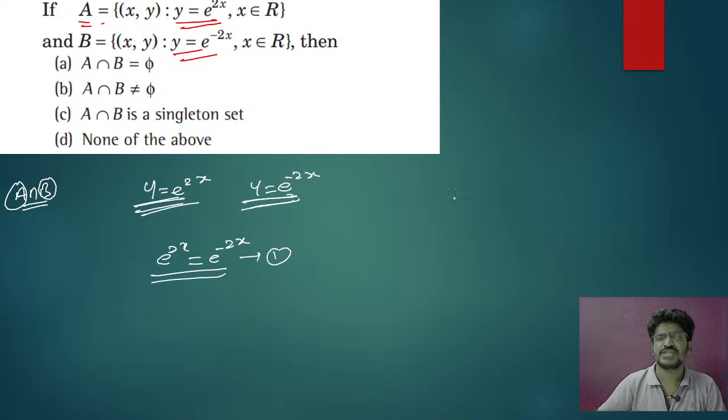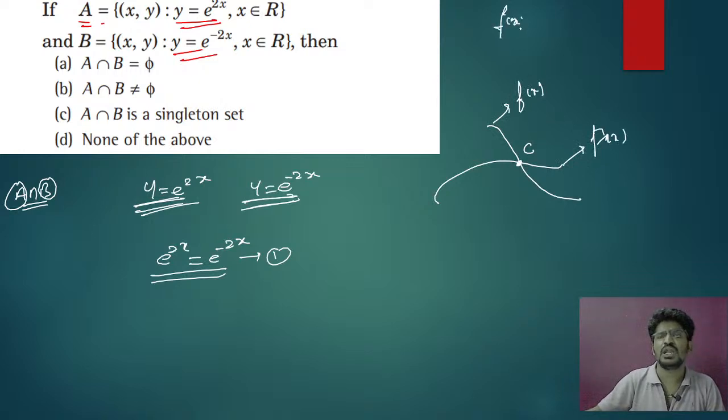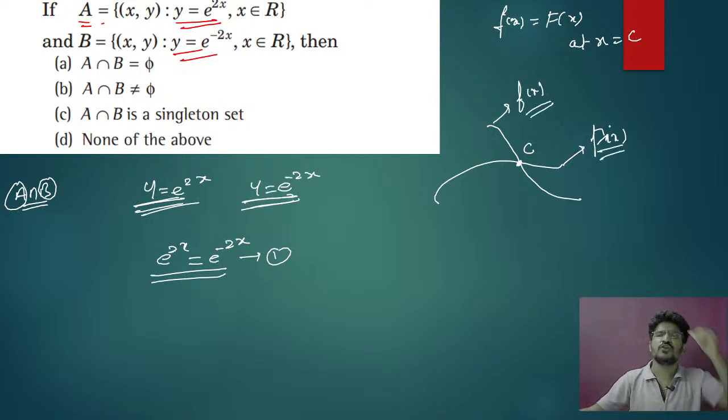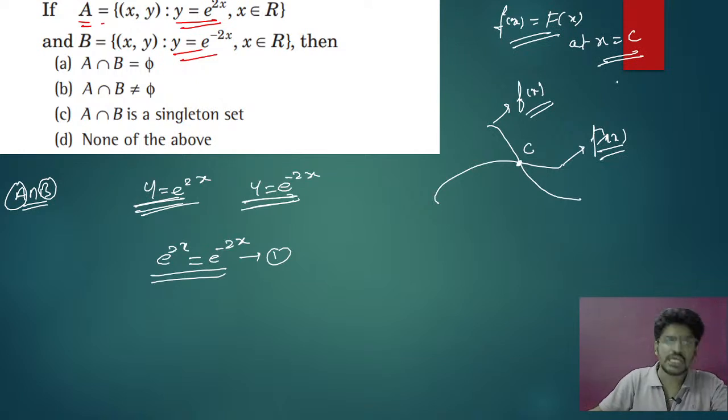For example, say this is one curve, you take another curve, they are intersecting at C. That means this small f of x and this capital F of x both have to be equal at x equal to C. That is the geometrical meaning.